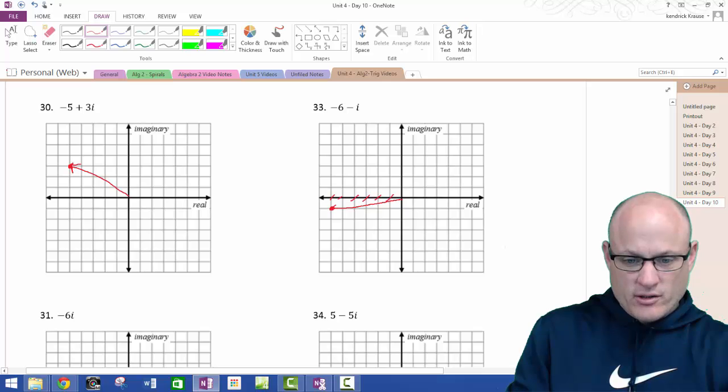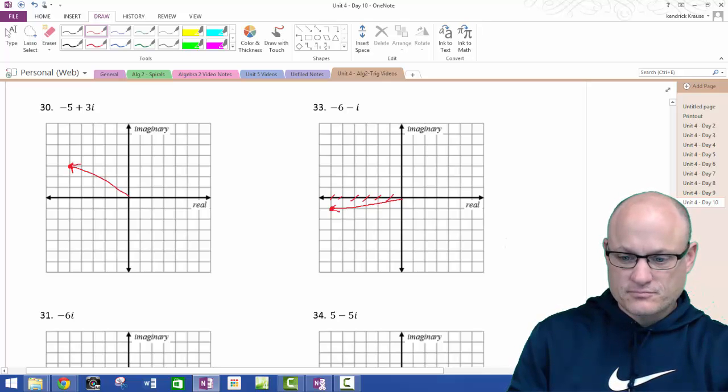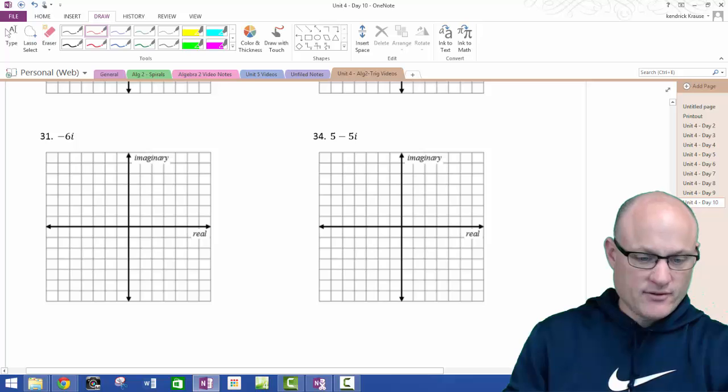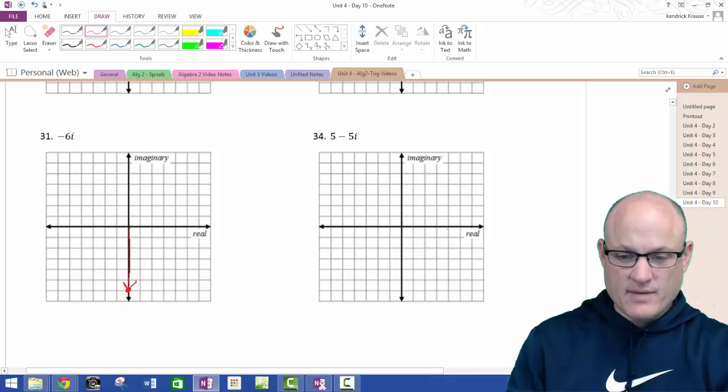All right, it's really hard to draw lines with this thing. Negative 6i. 1, 2, 3, 4, 5, 6. Five minus 5i. 1, 2, 3, 4, 5.